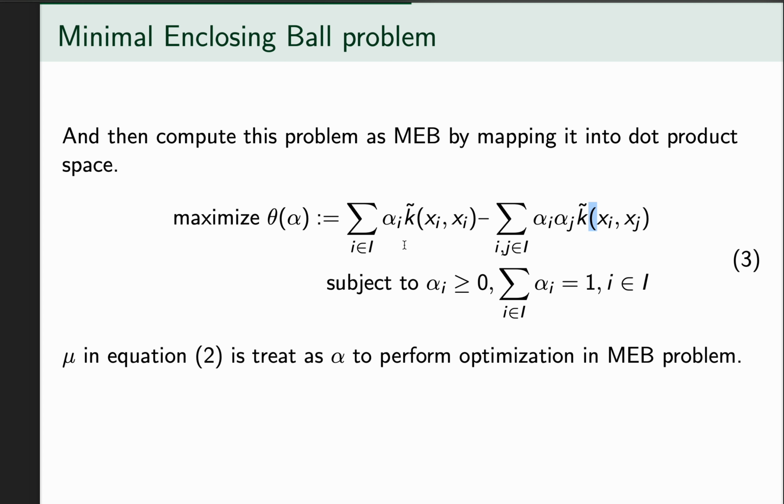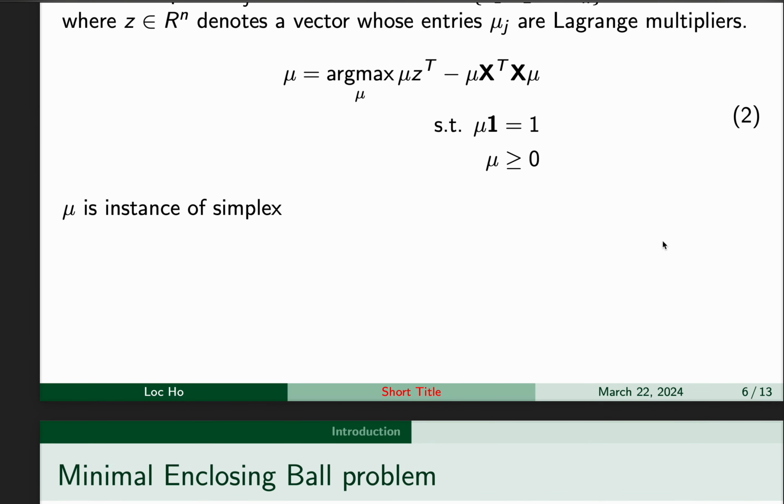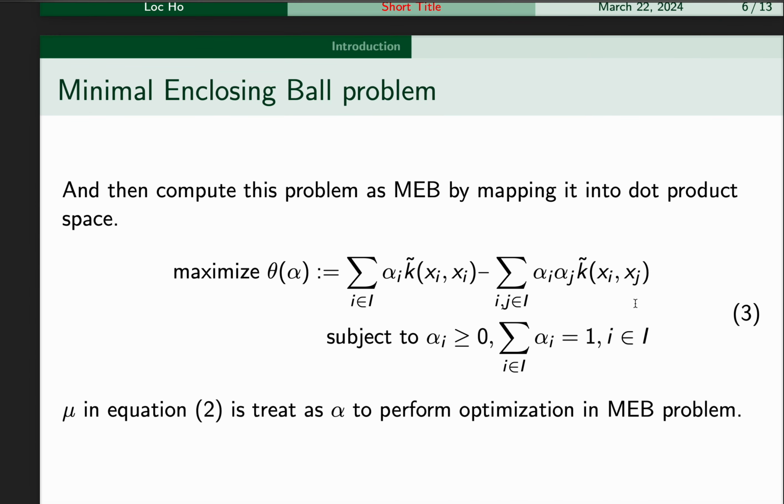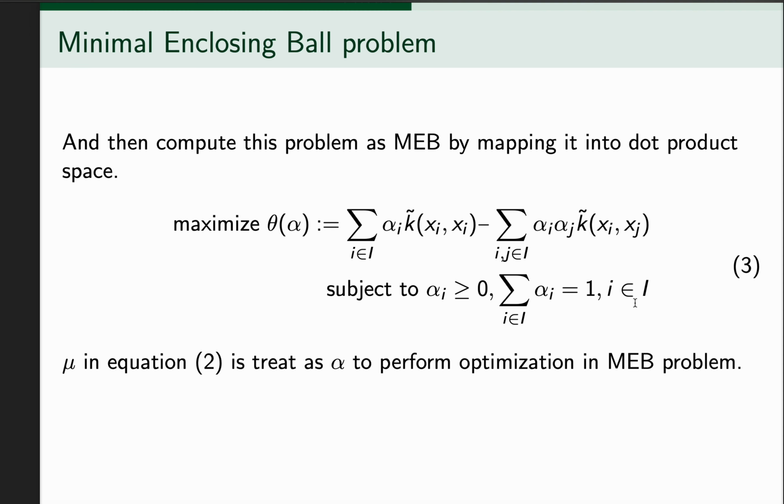So we can see here we will use μ in equation 2 and alpha to perform optimization in this problem. Equation 2 and equation 3 are similar if and only if we set the kernel K tilde to satisfy some constraints.